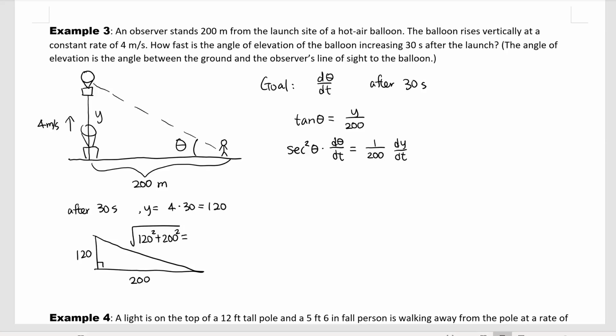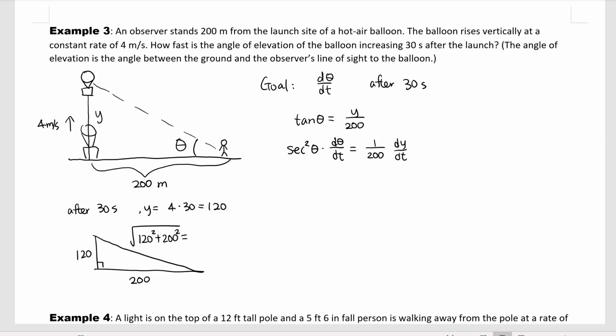Let's see, the square root. You can help me type it together. 120 squared plus 200 squared is actually not a whole number.